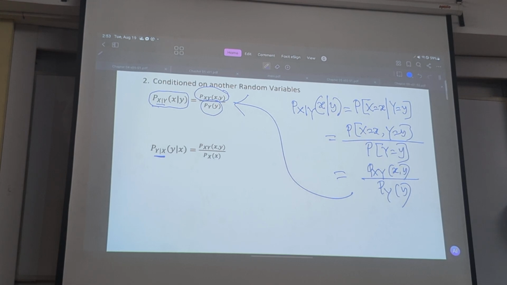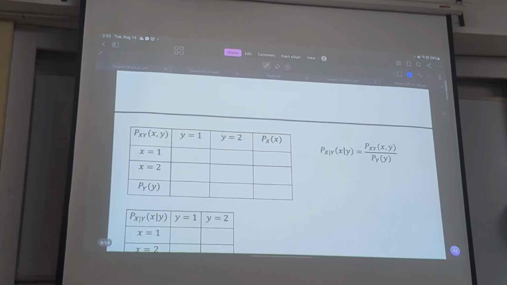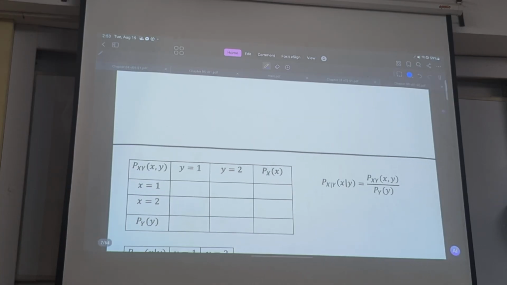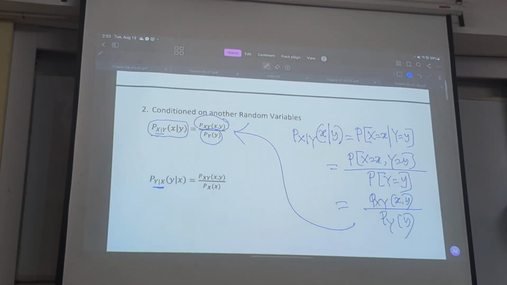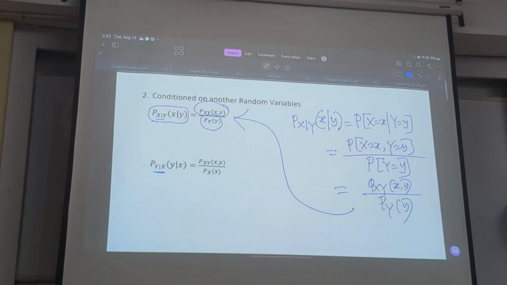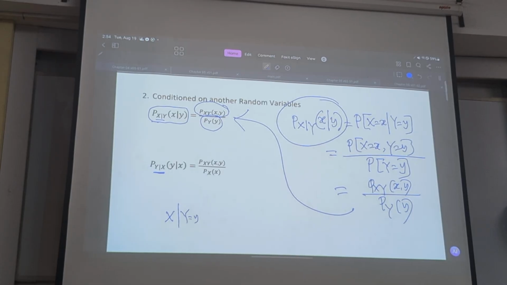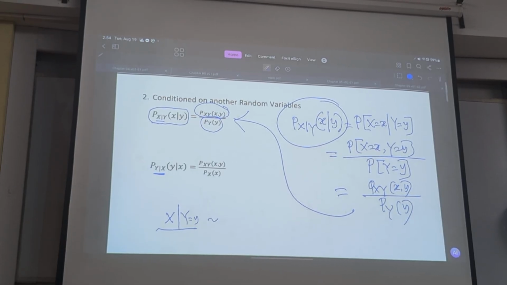But the power is, let us consider one thing you understand: to know the conditional probability, what should be available? This is the conditional distribution, right?